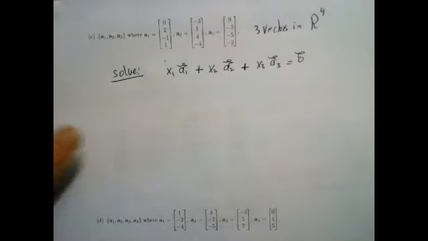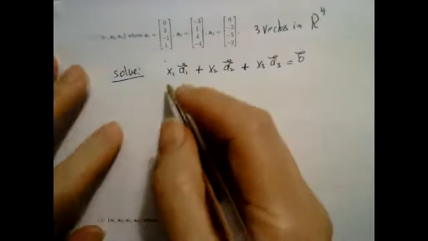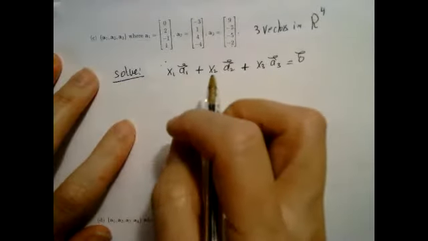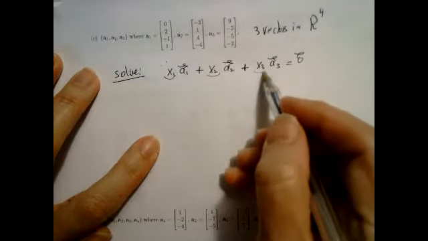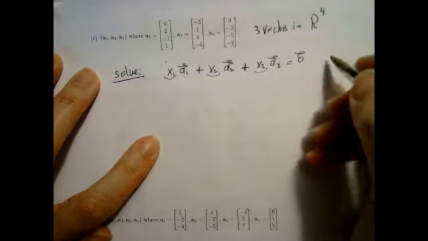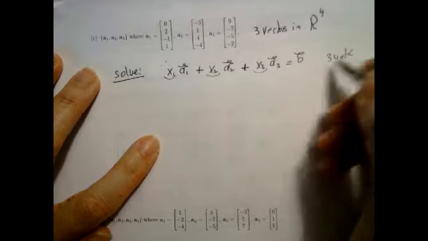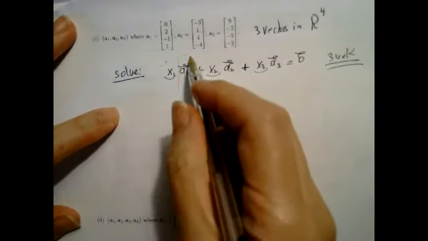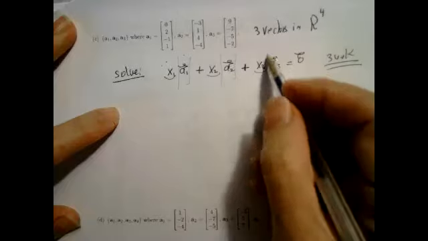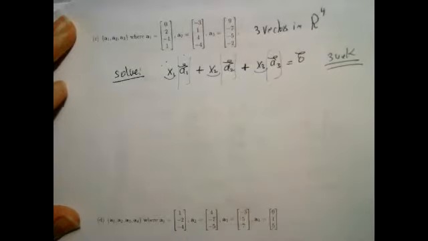Now, question number 1. How many unknowns do we have here? You have to be very careful with the number of unknowns. 1, 2, 3 unknowns. So we have 3 unknowns in this problem. Okay, now we need to solve it. When I plug in the values of the vectors here, we're going to generate a system.